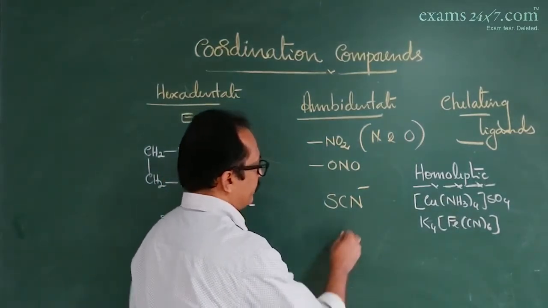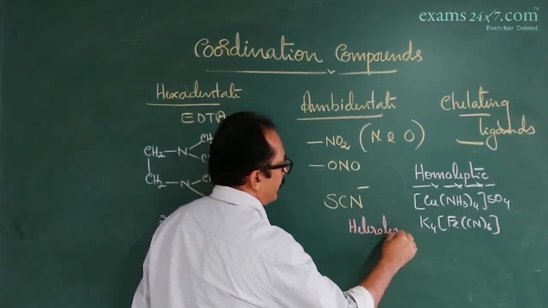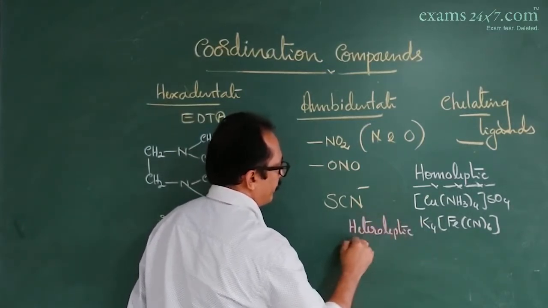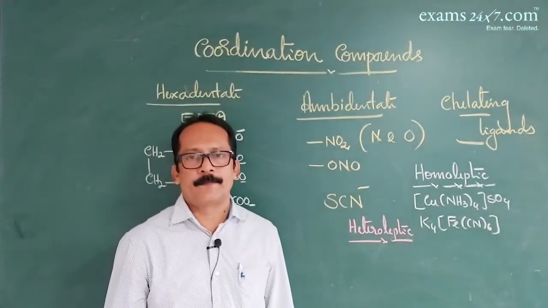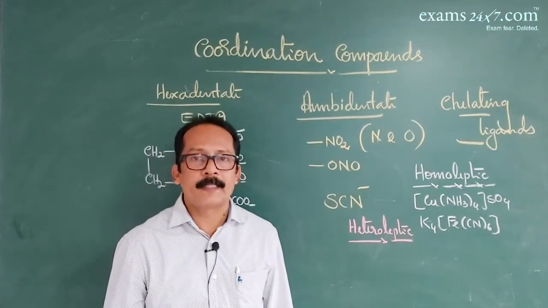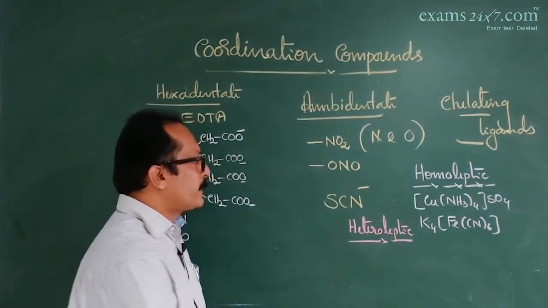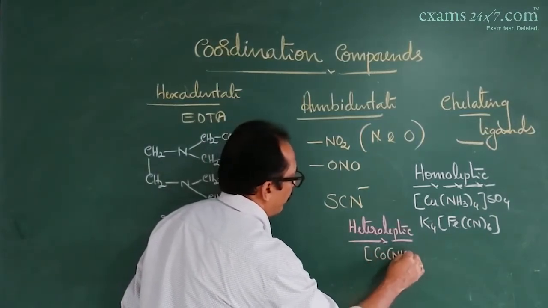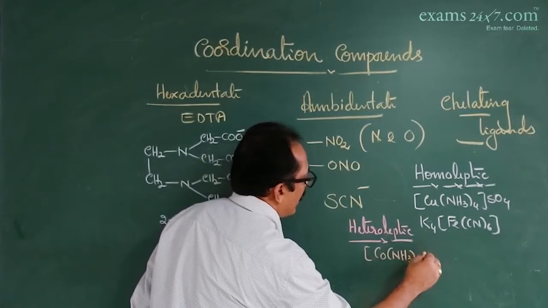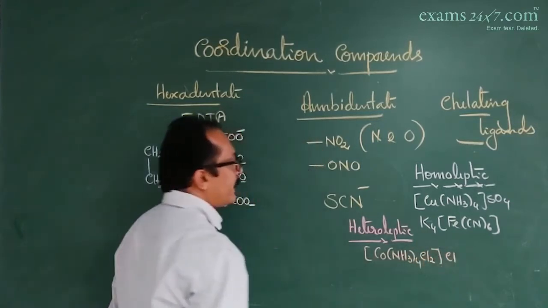Next one is heteroleptic complex. So these are the complex compounds which contain different ligands attached to the central metal atom or metal ion. For example, this complex compound contains amine as well as chlorido ligands.